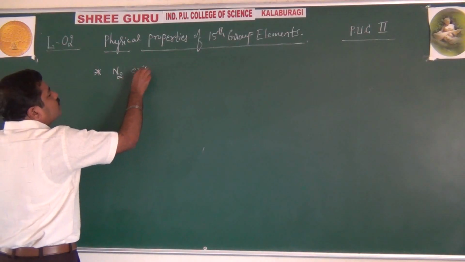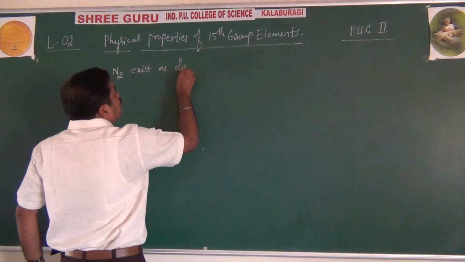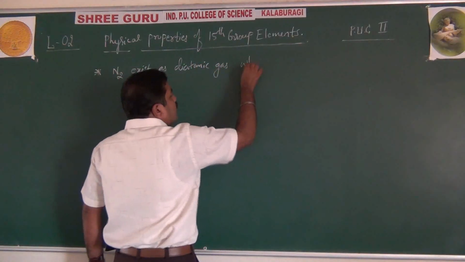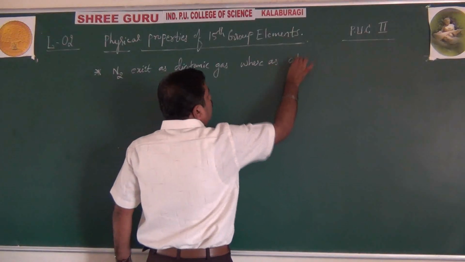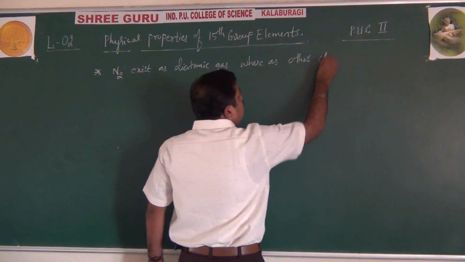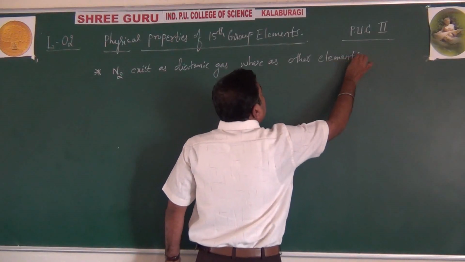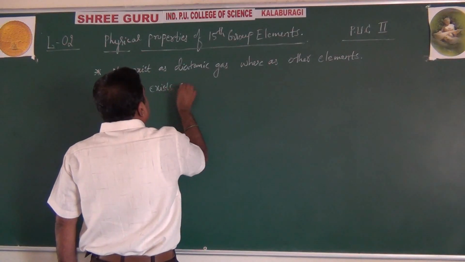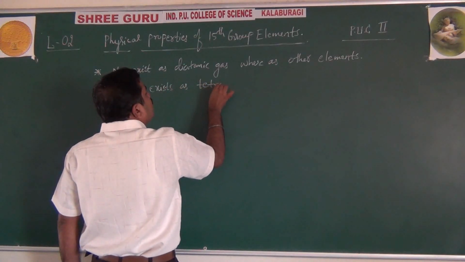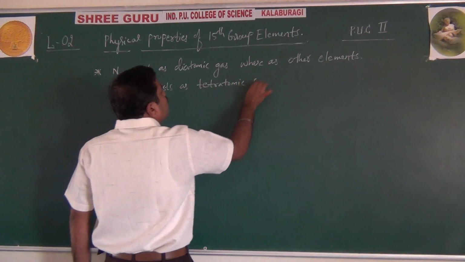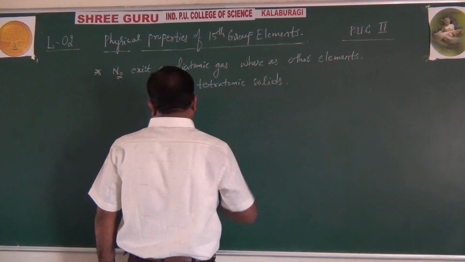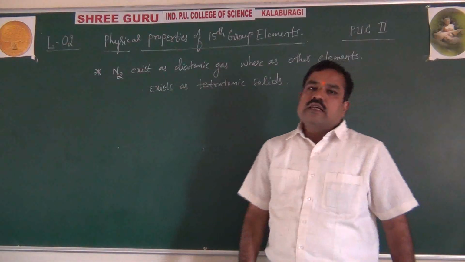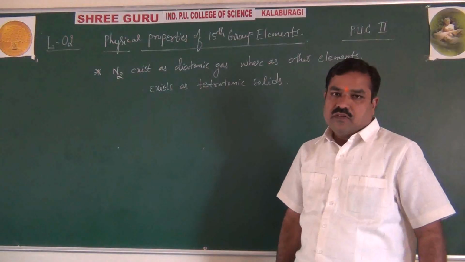N2 exists as a diatomic gas, whereas other elements exist as tetraatomic molecules. For example, P4, then As4, Sb4, and Bi4, like that.